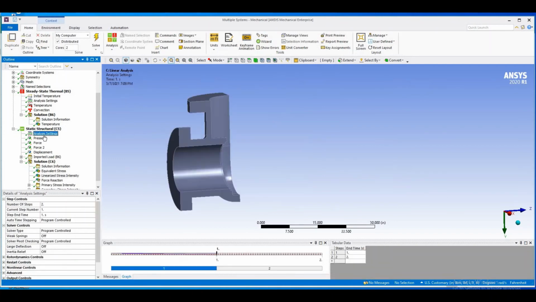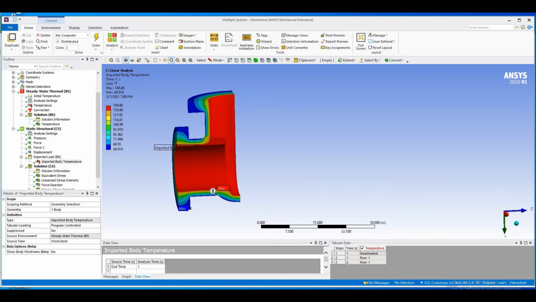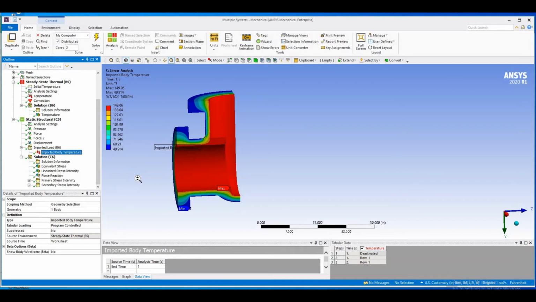Also, I have carried out this analysis in two load steps. In the first load step, temperature is not considered. I have deactivated it. And in the second load step, temperature is considered along with pressure and loads. Now let's check the results in detail and compare them with respect to allowable criteria as per API 6A or API 6X.